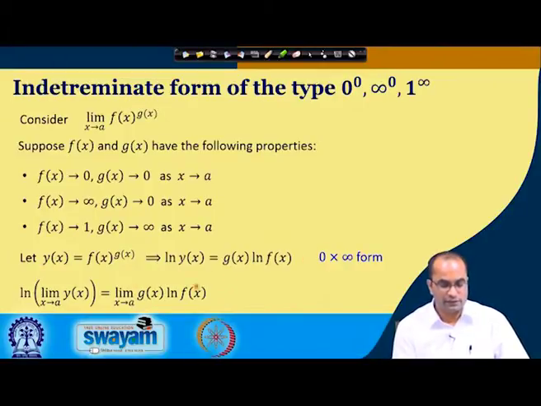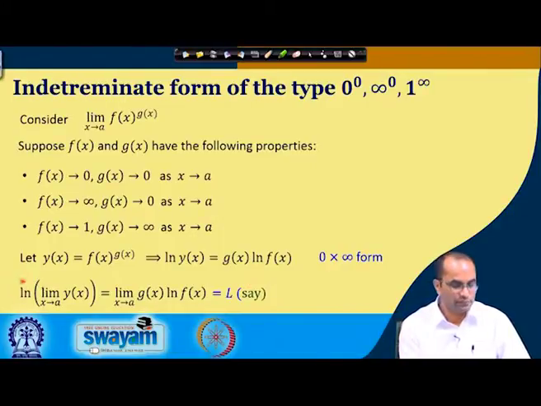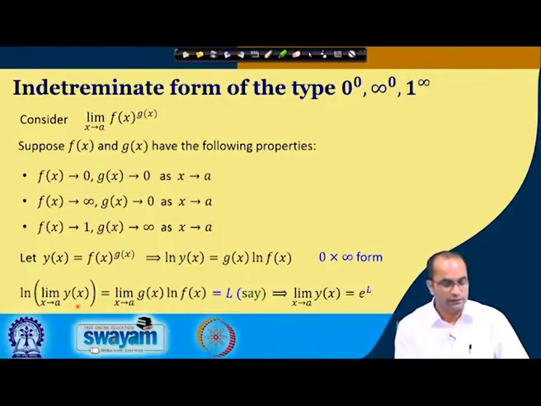Here, as we have already discussed, these are 0 into infinity forms, which we can deal with as we have done before, and suppose that this limit is L. Once we compute this limit, we can take the exponential on both sides to get the limit x goes to a of y(x), because this was the desired limit. So, the limit x goes to a of y(x) will become the exponential of this number L.